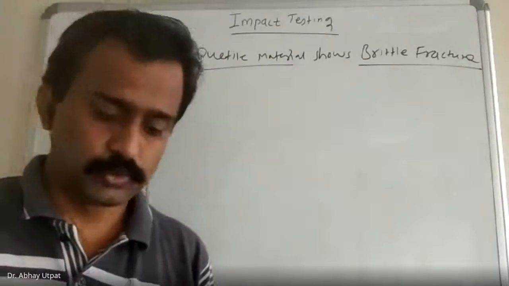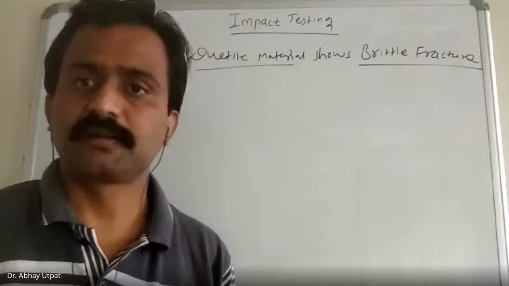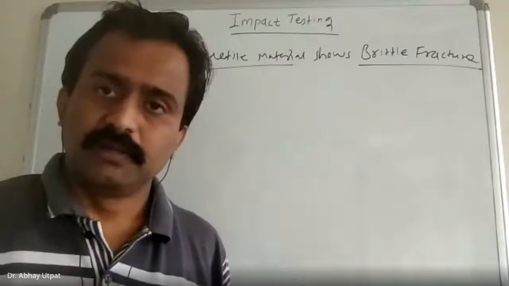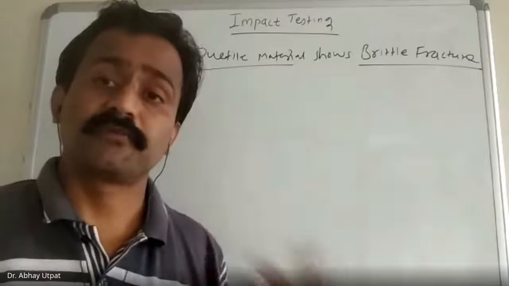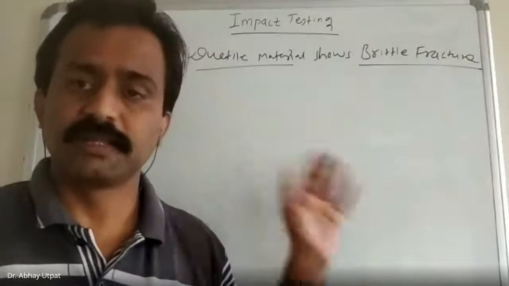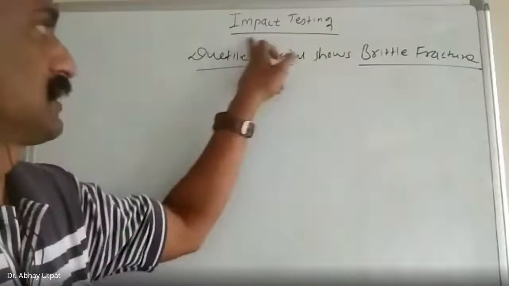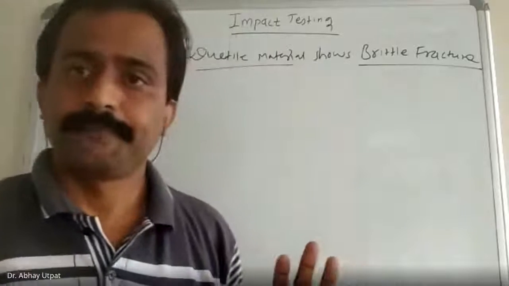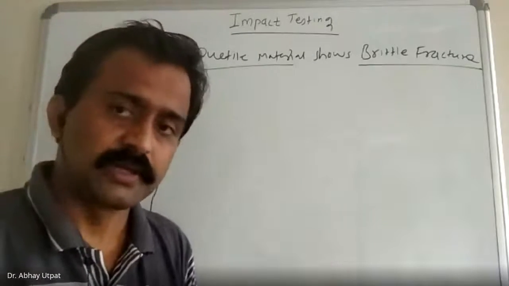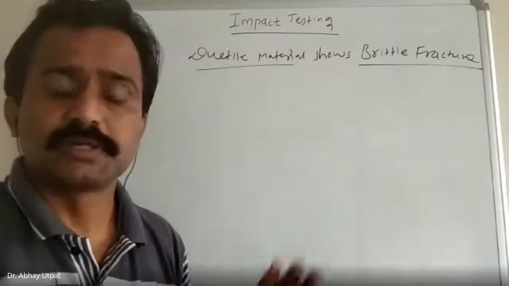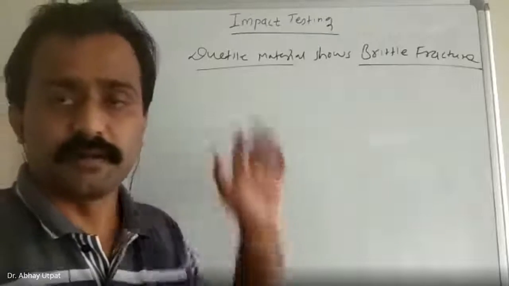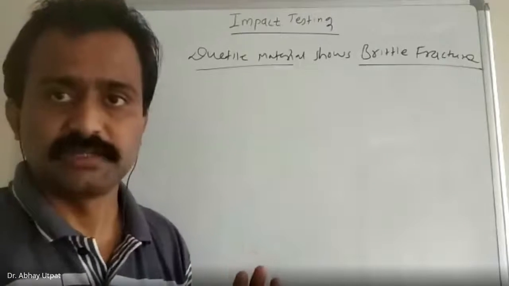Ductile material shows brittle fracture under three conditions. Susceptibility of ductile material for brittle fracture can be studied under three conditions and it is under the impact test. So the impact test gives the significance of unexpected failure. The impact test gives the failure of ductile material in brittle manner under different conditions.